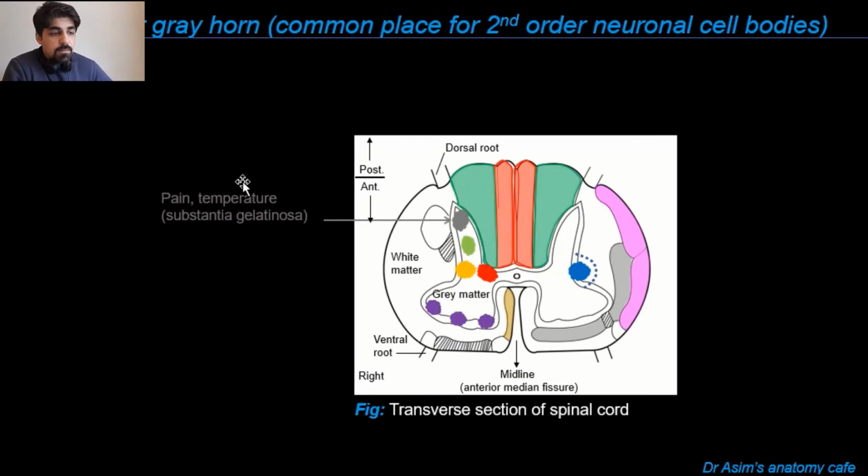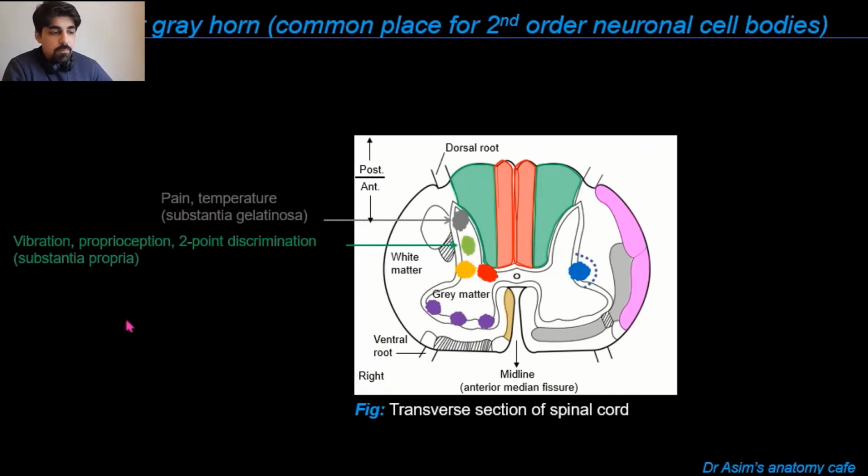These sensations are perceived by the free nerve endings in the peripheral body, and these are then relayed by the first order neurons into the group of neuronal cell bodies over here, which are known as the substantia gelatinosa. This accumulation of cell bodies, the substantia gelatinosa, is actually the second order neuronal cell bodies of the pain and temperature pathway.